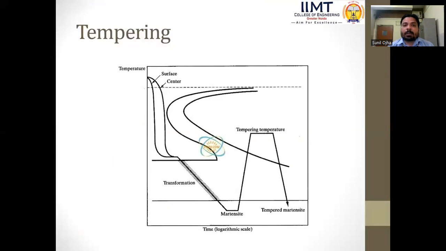Next is the tempering heat treatment process. The main objective of tempering is to improve the toughness of the material. There is heating of the material, then cooling to transform the material to martensite, then tempering temperature, and then cool down.